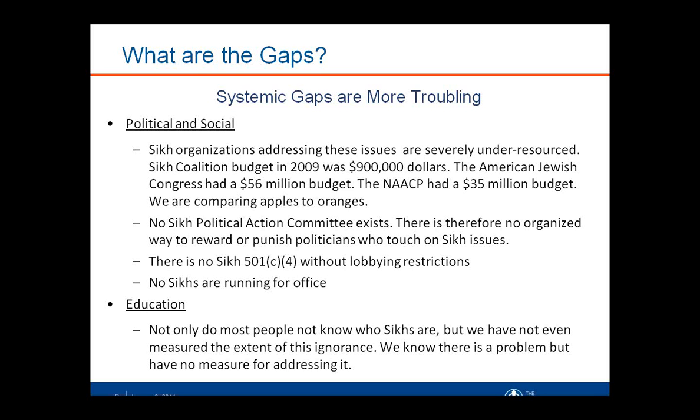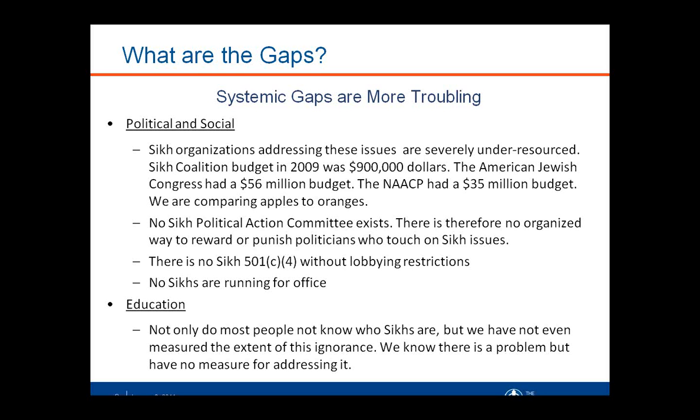No community that has any power in this country to affect their destiny is without a PAC, if not multiple PACs. In addition, we have no Sikh what's called a 501c4 under IRS regulations. That's an organization that has no restrictions on lobbying. The Sikh Coalition and the other Sikh orgs that work on this issue are all what's called 501c3s.